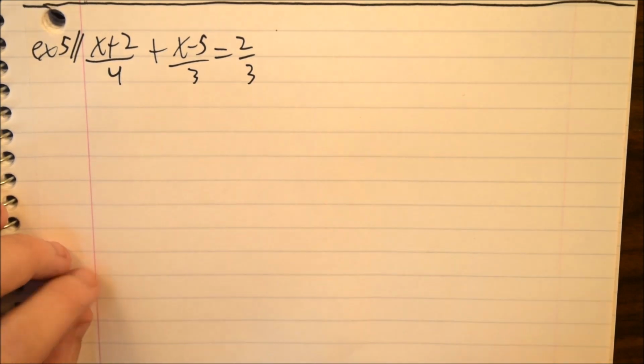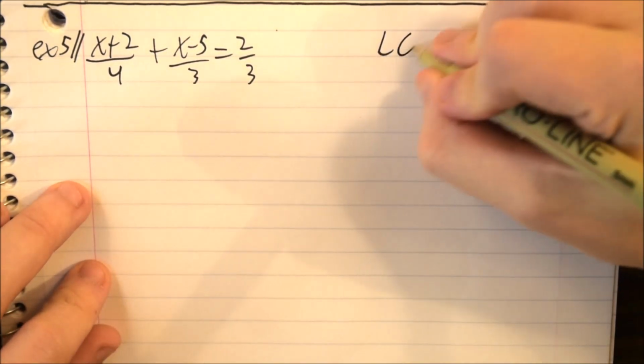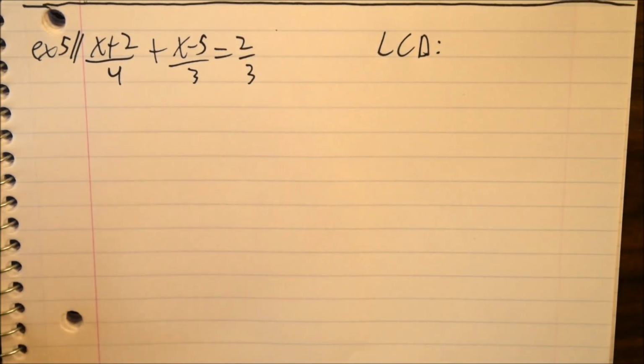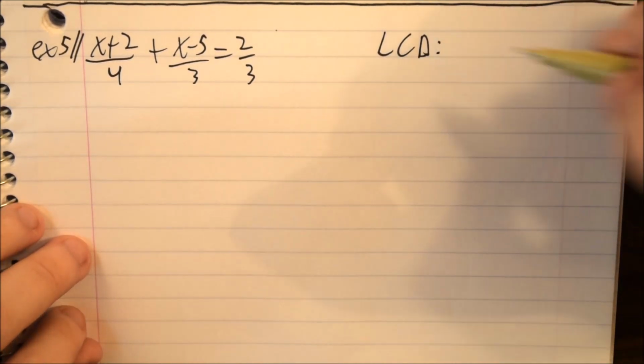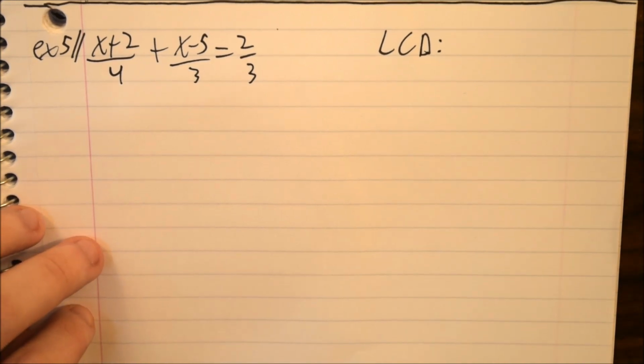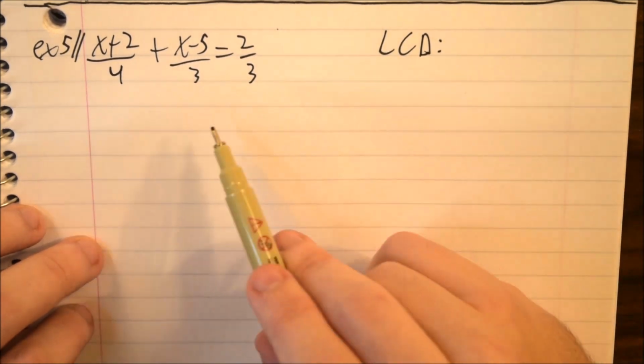Well, first, let's find the LCD. The LCD is the least common denominator. Sorry, not divisor. Least common denominator. Okay, well, we want to find the smallest number that is a multiple of 3 and 4.